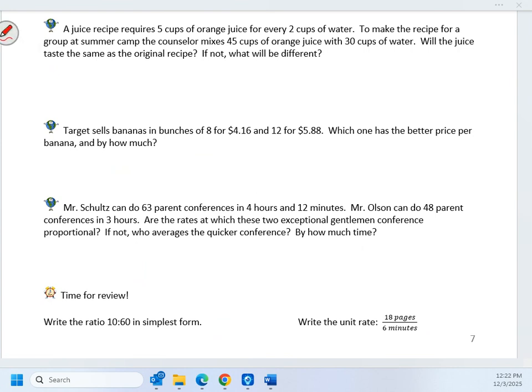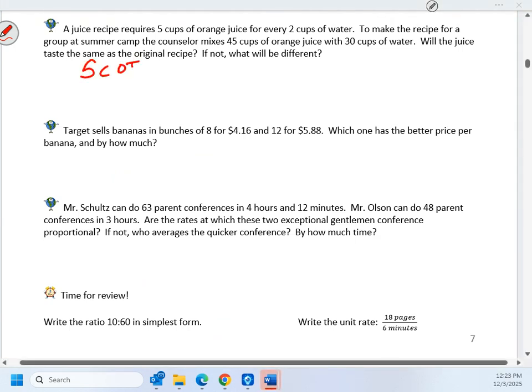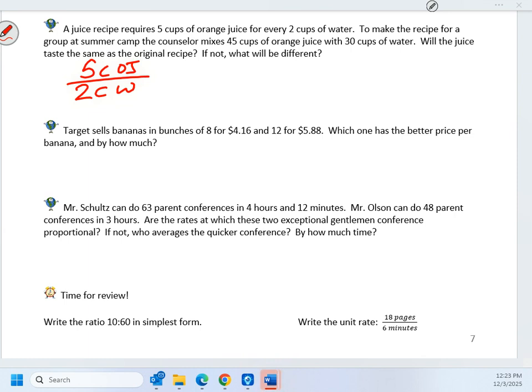So what's my first ratio? Colton? I have 5 cups of orange juice for every 2 cups of water. What's my ratio? 5 to 2. So 5 cups of orange juice for 2 cups of water. Notice how I'm labeling them, because where I have orange juice, it needs to match up with the orange juice.